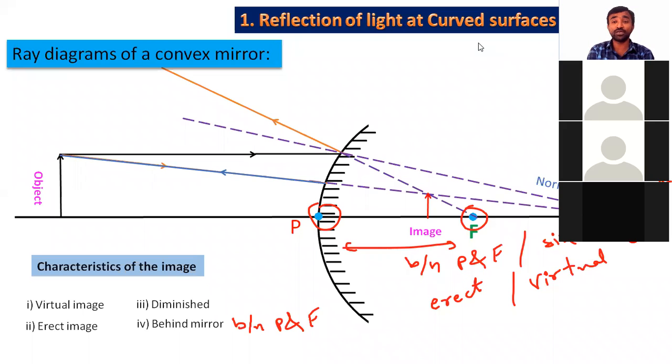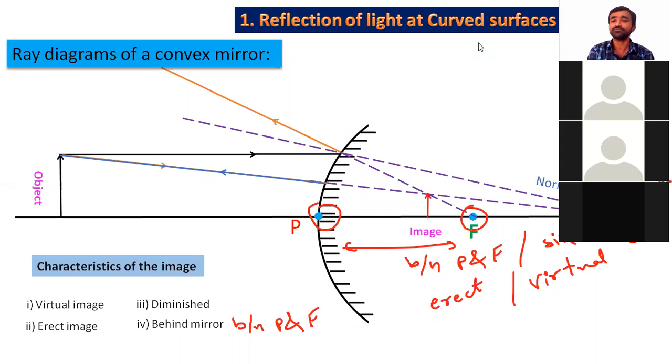I have not given any possible positions to keep the object in front of the convex mirror. Why have I not given? Because you are unable to move the object in front of the mirror. You cannot go to infinity in front of the mirror. Yes, we can go, but I have not given possibilities.